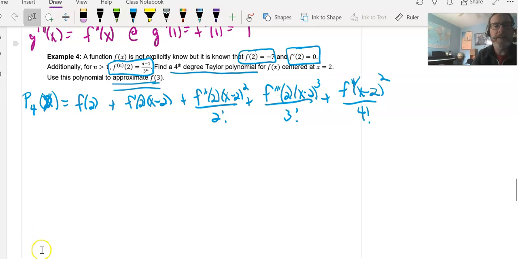Okay, I'm going to pause it and see if you can figure out what the actual terms would look like for each of these 5.